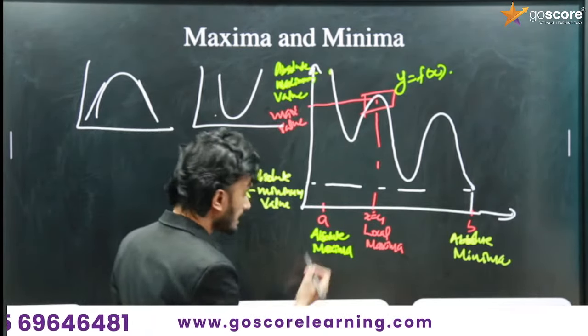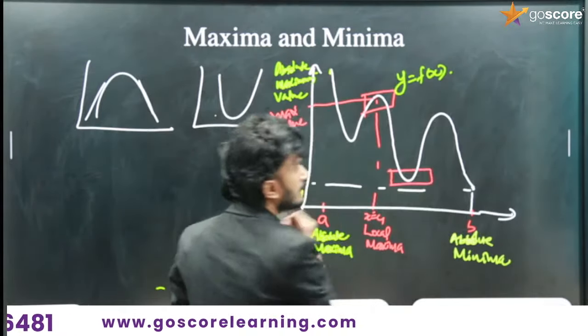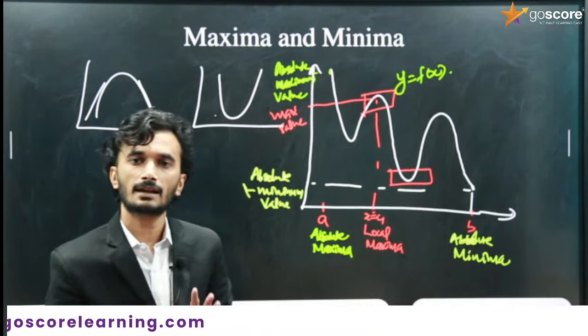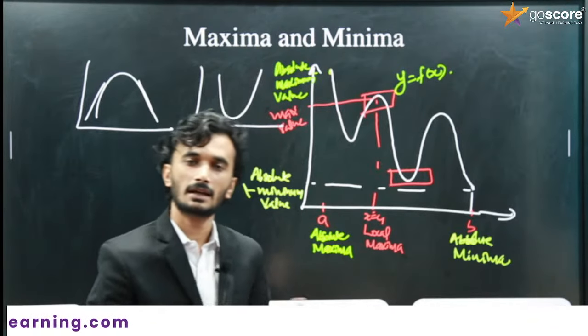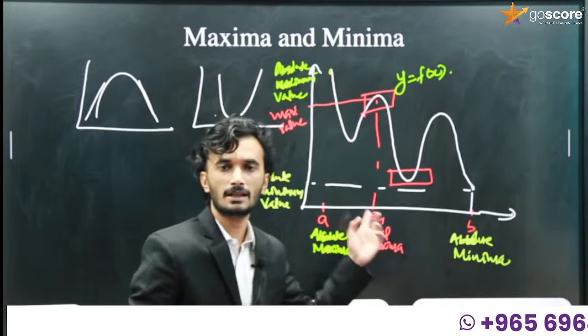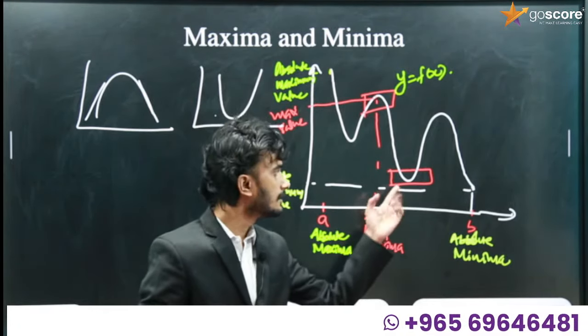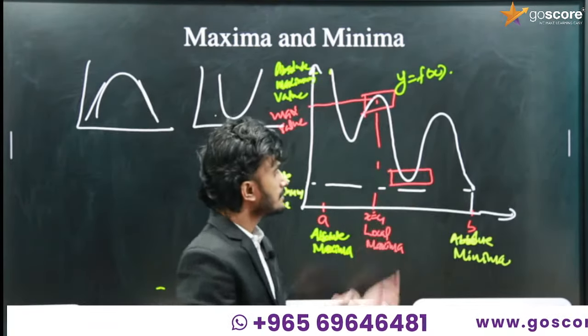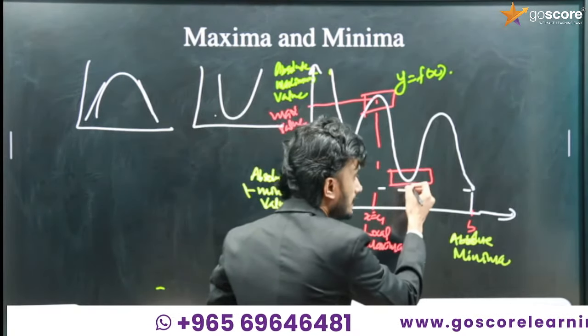Next, I am taking another interval. You can take any interval in the graph. So in this interval, what will be the value? Can anyone answer? Here, this one is the minimum value.